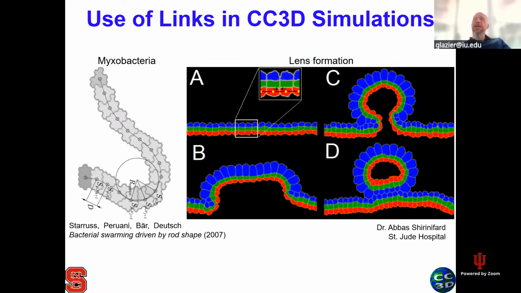And so the basic idea of a link is that we are going to think about connecting either subcompartments of cells or potentially entire cells with elastic springs. And I say elastic springs, but they could in fact have other constitutive relations.